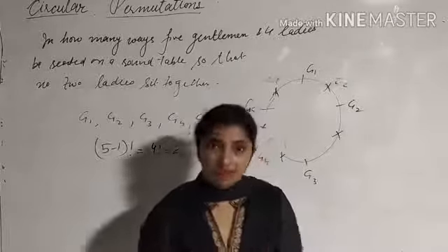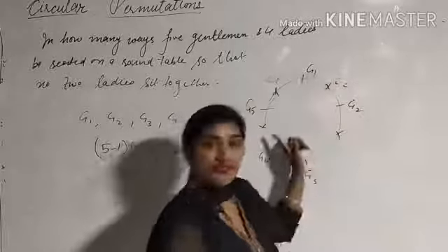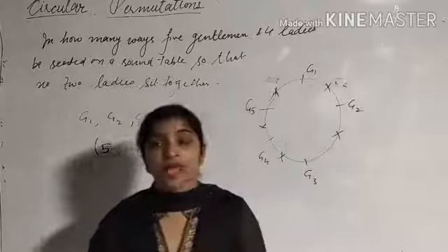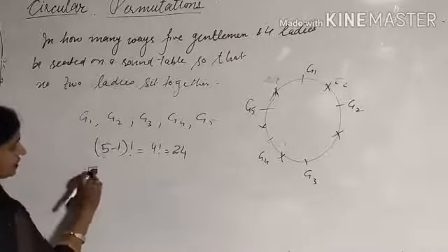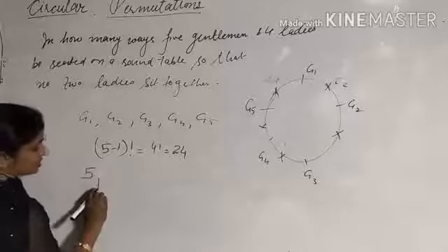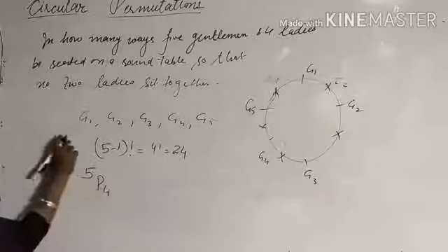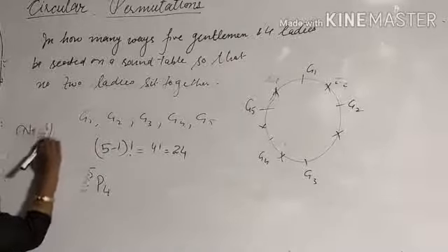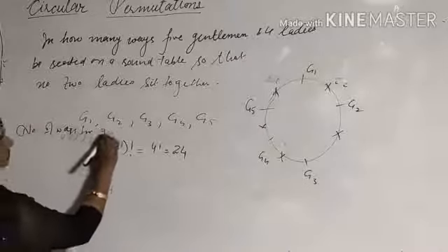So ladies have to occupy 4 positions out of these 5 positions. So how do we arrange the ladies? The ladies have to be arranged in 4 positions out of 5 positions. So the number of ways in which the ladies can be seated, these are the number of ways for gentlemen to be seated.